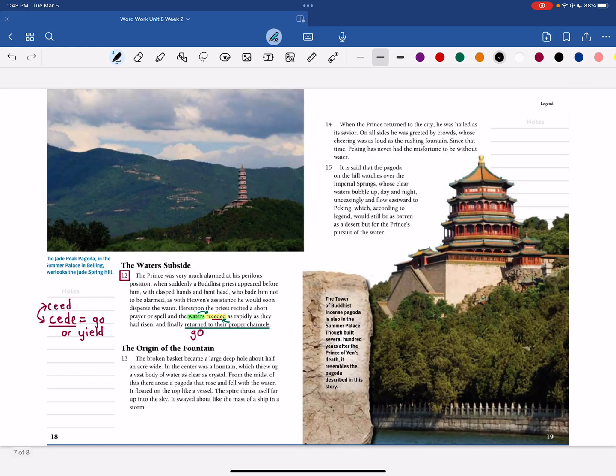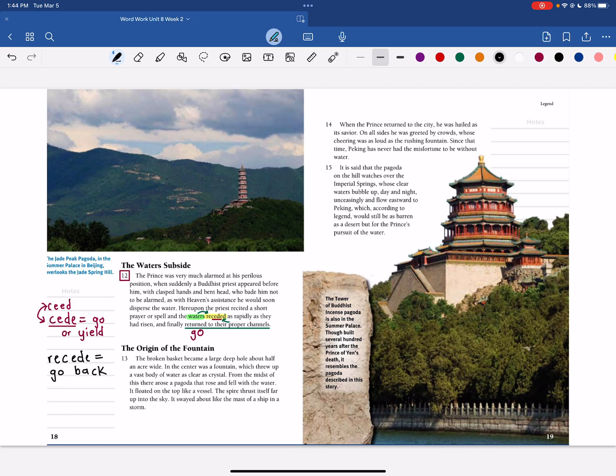I'm going to go back a little bit to remind you. That's what I did right here. I found the word receded, and then on the side of the page, I wrote what I thought was the definition based on context clues that I underlined in green. So I found context clues and my knowledge of Latin roots, and I am able to use that to say recede equals go back.